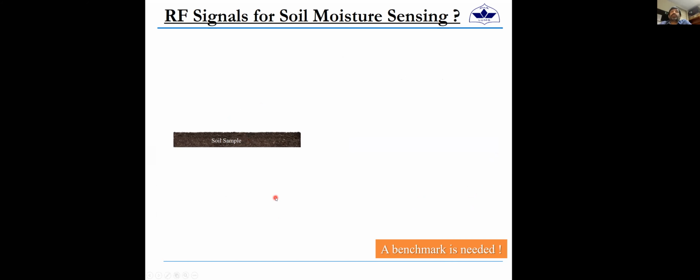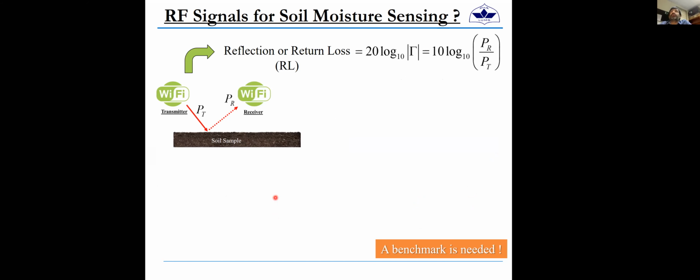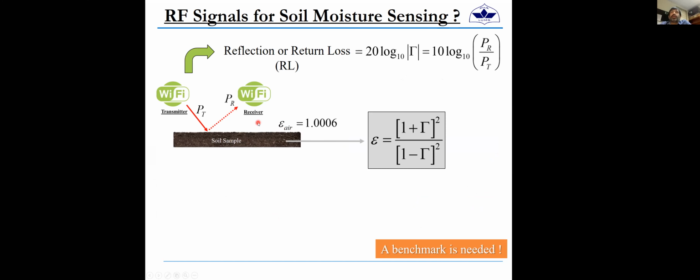So this is the same soil sample. What we did in the experiment was we transmitted a signal, we received it, we measured return loss using this formula, and we plotted that curve जो कि मैंने आपको दिखा दी. Now theory tells me that in my case material 1 is air, material 2 is some soil sample with unknown epsilon.